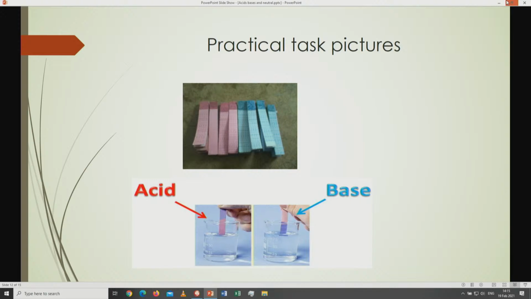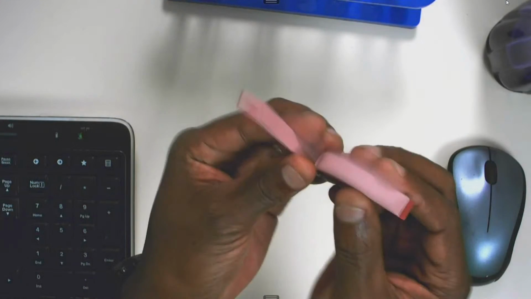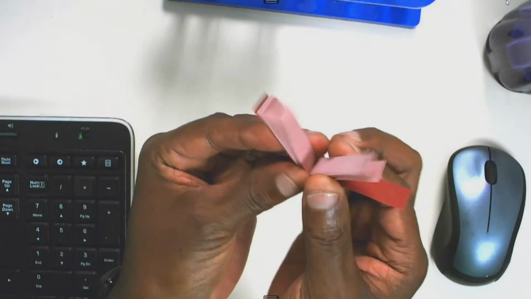Let's look at the picture in front of us. When you look at it on your left-hand side, it is what we call a red litmus paper. I'm talking about this one. This is a red litmus paper.